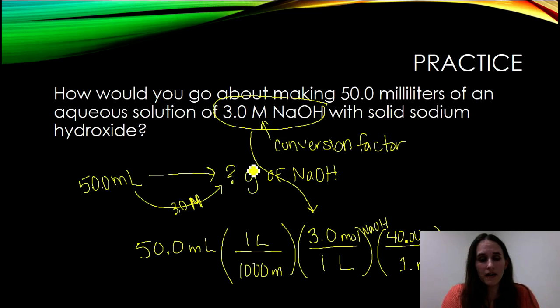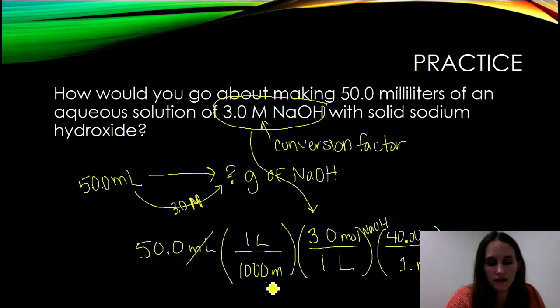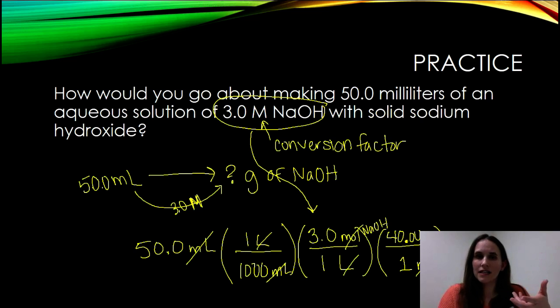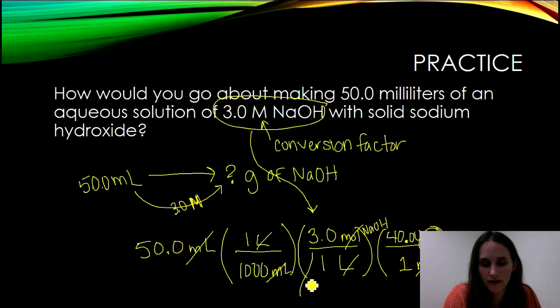So before I do my calculation, I like to double check. Make sure my units cancel out, because that often shows me if I've accidentally set it up wrong. And I see that I'm at, okay, grams of sodium hydroxide. That's in general what I want. And here's my weakest link right here.